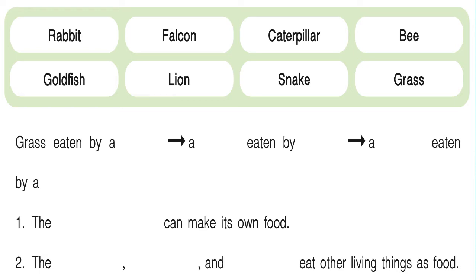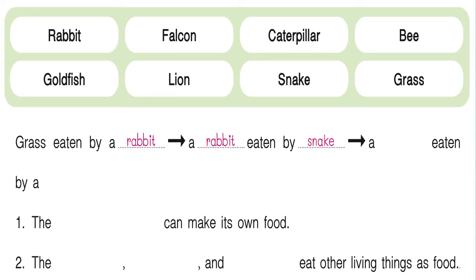Let's complete the sentence. Grass eaten by a... Who eats grass in the picture? Correct, it's a rabbit. And a rabbit eaten by... Who eats the rabbit? Any idea? Correct, it's the snake.